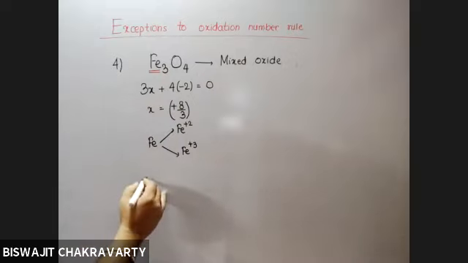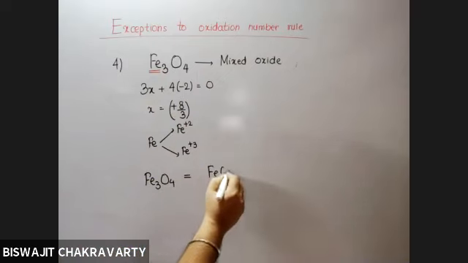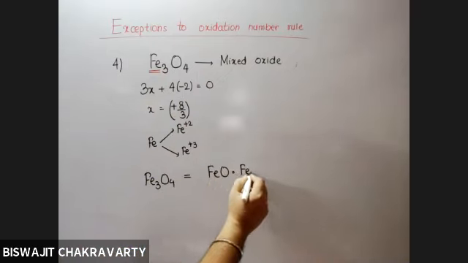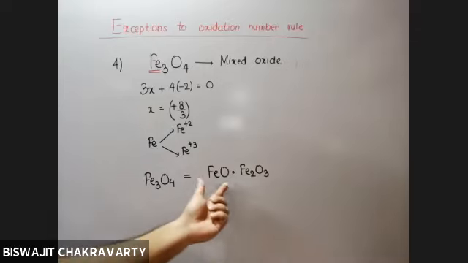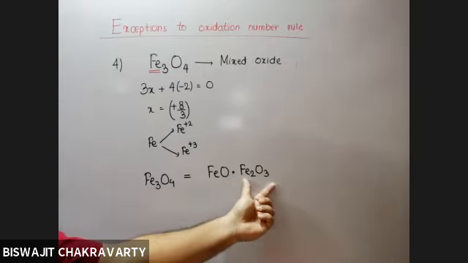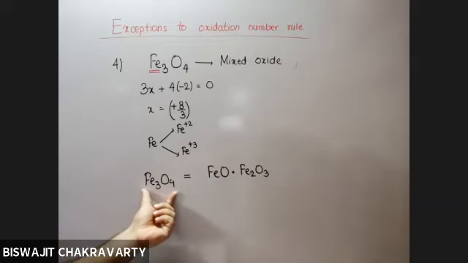And actually Fe3O4 is to be written in this manner. Fe3O4 is an oxide which contains in it both FeO and Fe2O3. And when you combine these two, it actually becomes Fe3O4.